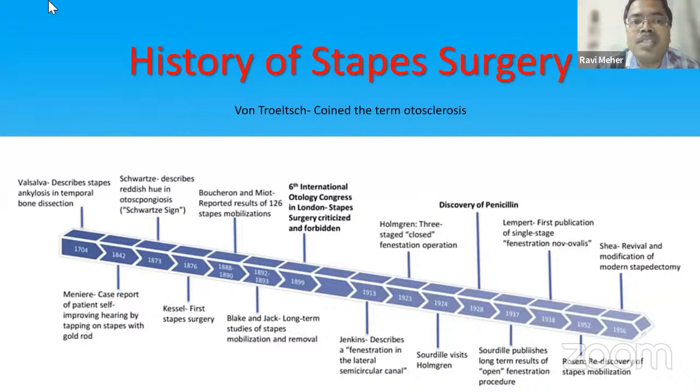Modern stapes surgery was started by John Shea, who is supposed to be the father of modern stapes surgery when he used a piston for the first time and made the assembly from the footplate to the incus. So that is the history.